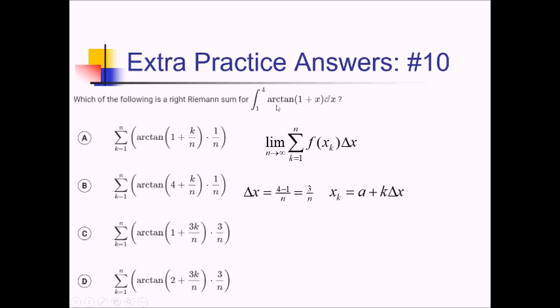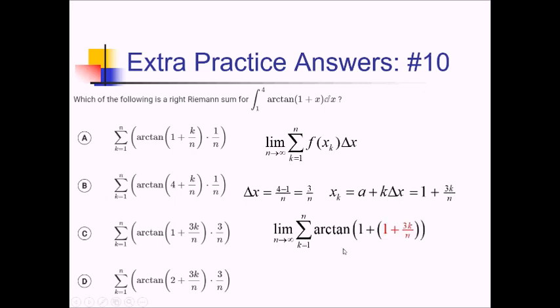So a in this case was 1, and that's going to be 1 plus k times 3 over n, so 3k over n, because that was my delta x. This whole thing here, 1 plus 3k over n, this is basically x that you're seeing up here in your definite integral, your integrand. So when I put all this together, I'm going to have, let's see here, limit of all this stuff, and f of x sub k is basically going to be arctan of 1 plus this stuff right here.